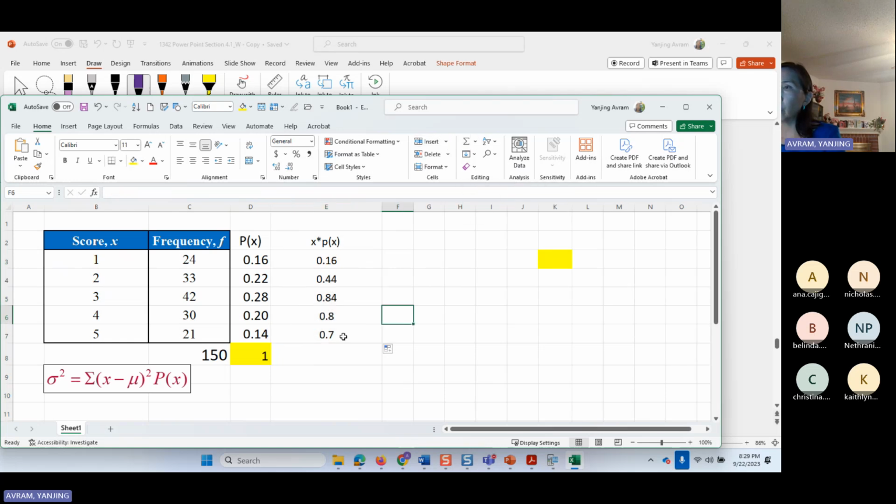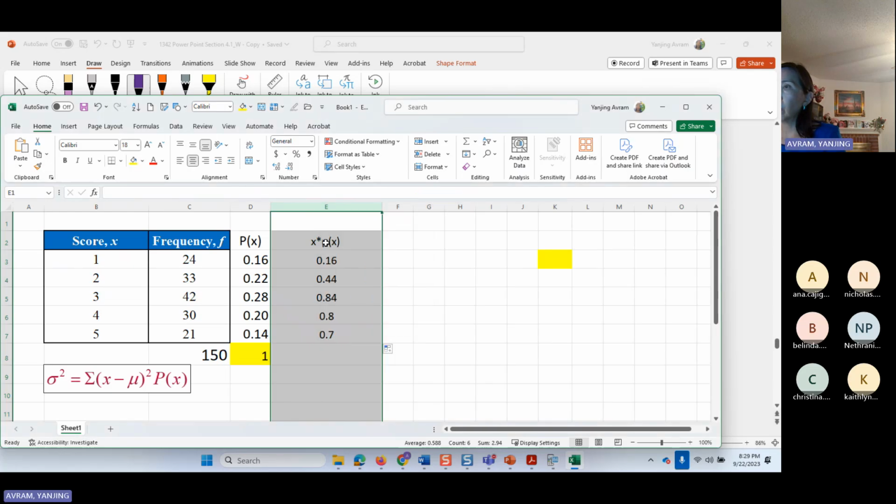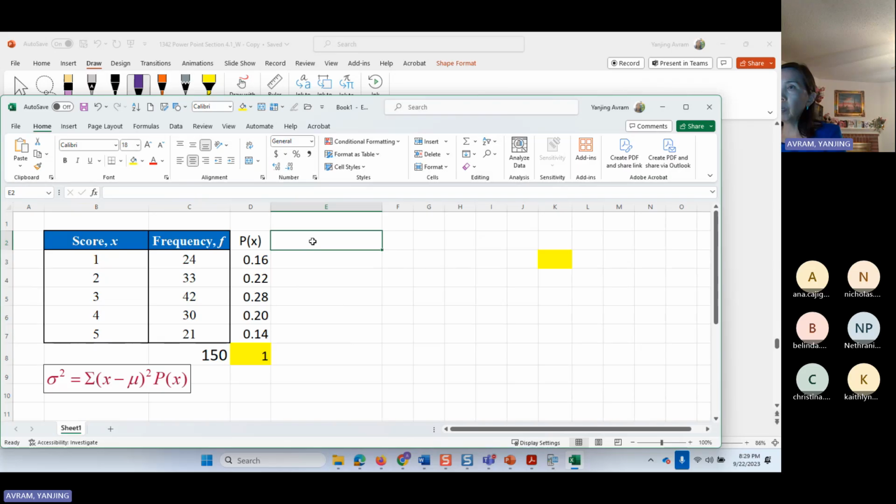Oh no, you have to square them first. Oh no, hold on. There's one more step here in the middle. I just messed up here. We have to minus the mean.